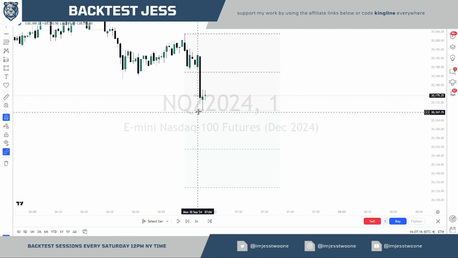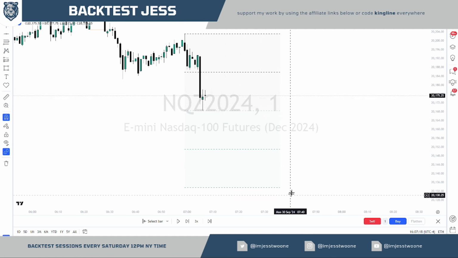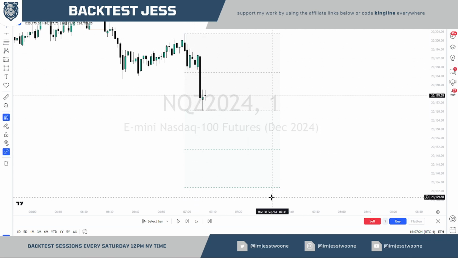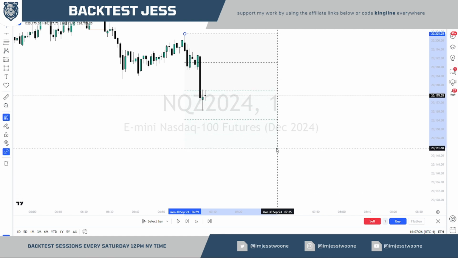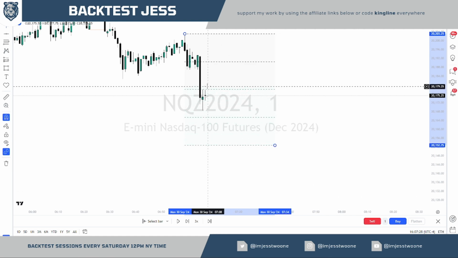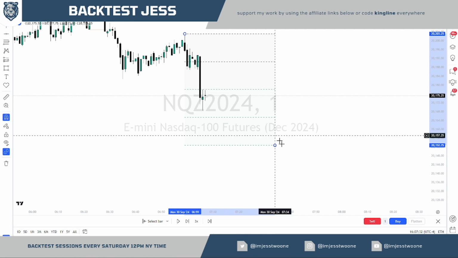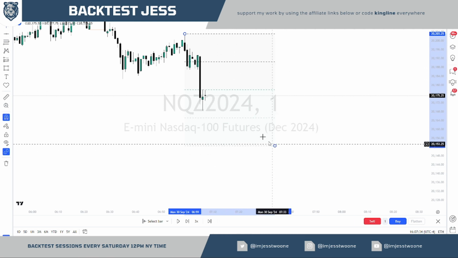Now, where you put your EQ around this candle is up to you. I like to use the swing low because this in itself was its own range. You can also, to be conservative, simply put that order flow right there, right underneath of EQ, to leave that open right above EQ.